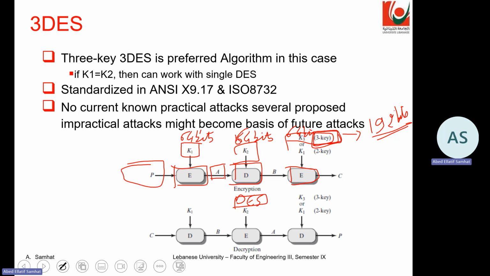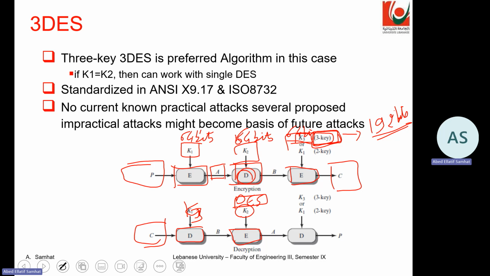So at the reception, this is the ciphertext. Here at the ciphertext, we will start with decryption, and we will use K3 because we have to use the opposite or reverse steps. So we should decrypt with K3, and after that, we should apply encryption with K2 because we did decryption here.